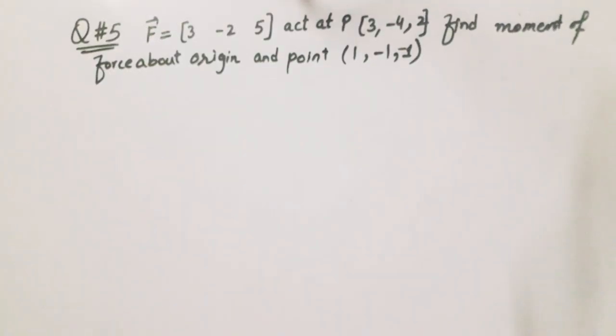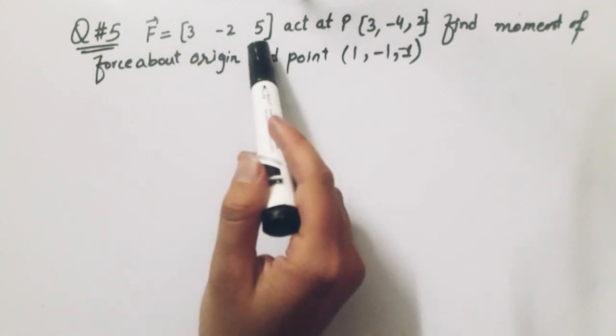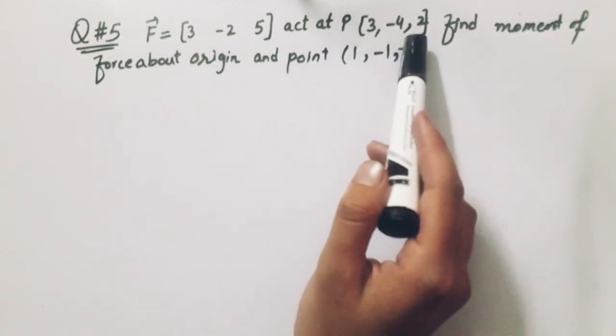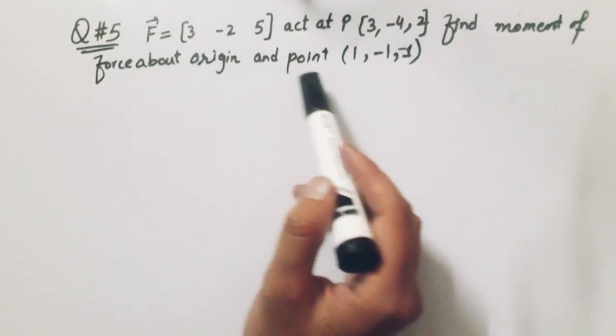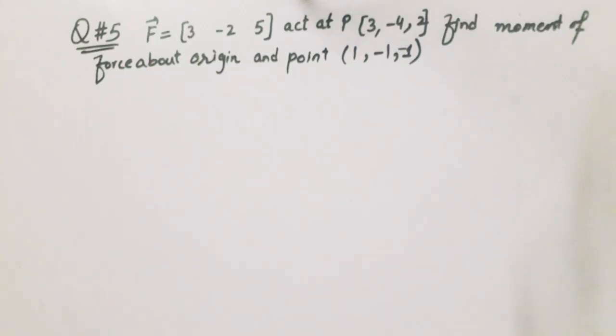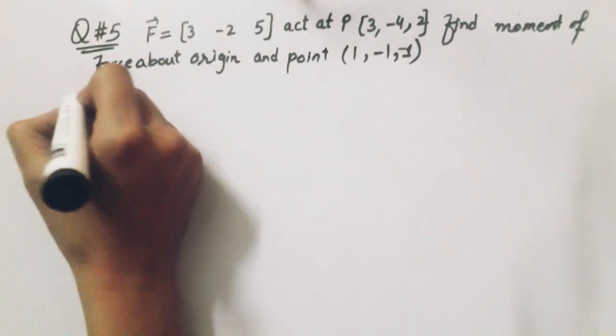Now question number 5 is: if force is equal to 3i minus 2j plus 5k, acting at point P, that is (3, -4, 2), find the moment of the force about the origin and the point (1, -1, -1). So you will solve this question in a very easy and simple way. You have to find the moment.